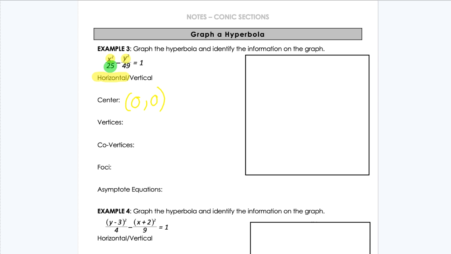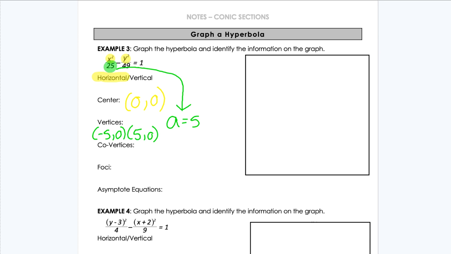That 25 is going to help me figure out where my vertices are. Since it's 25, that tells me that our a is 5, and that means my vertices are 5 away from the center. So they are at -5, 0 and 5, 0.